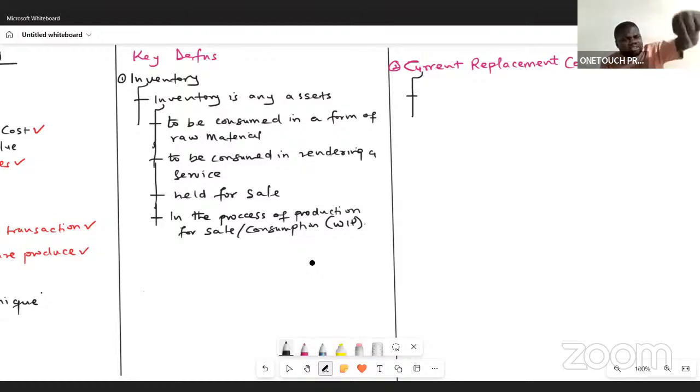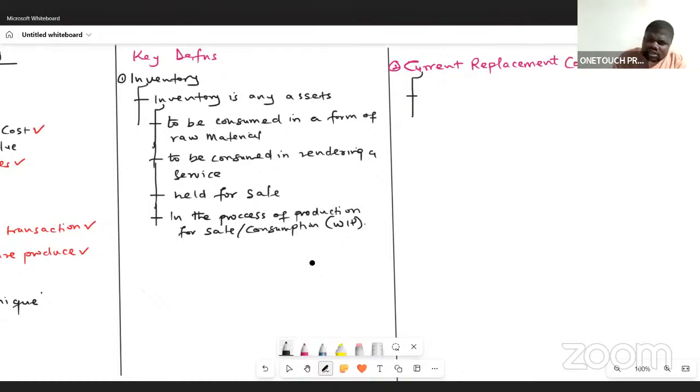We are looking at the cost you are going to incur to acquire that same asset at the reporting date. At the end of the year, if you are supposed to replace the same asset, how much are you going to pay for it? It's different from net realizable value. Net realizable value, we are asking that at the reporting date, if you are to sell the asset, how much will you get minus the cost that you are going to incur to sell the asset? So it's two different things.